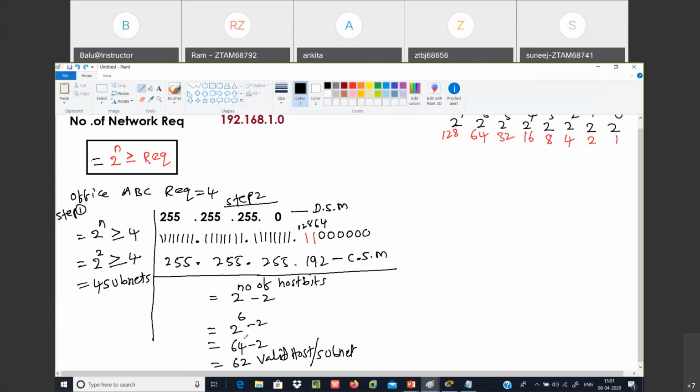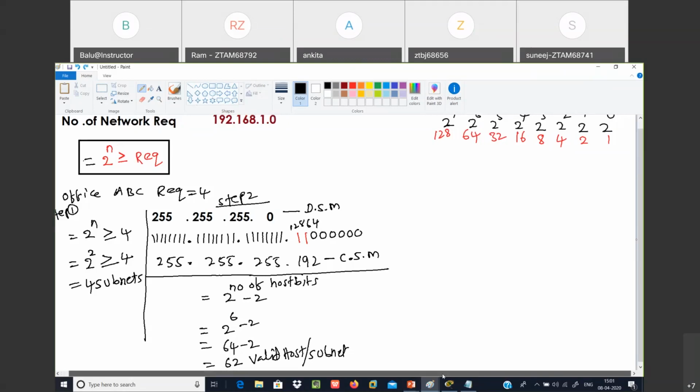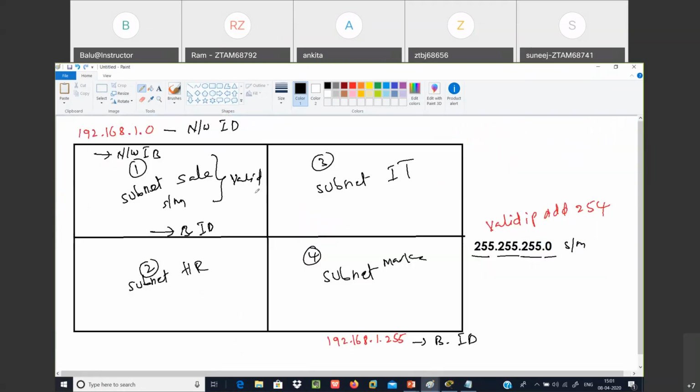So one network is divided into 4 parts, and each part has 62 IPs available. For each subnet, the subnet mask is 255.255.255.192.